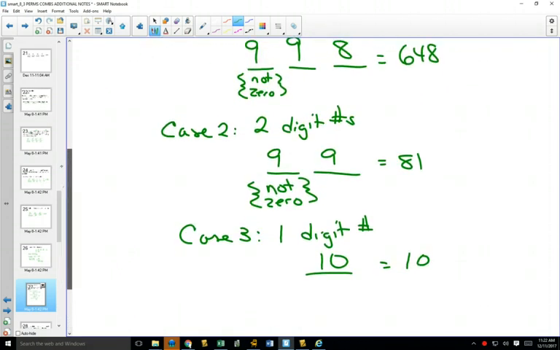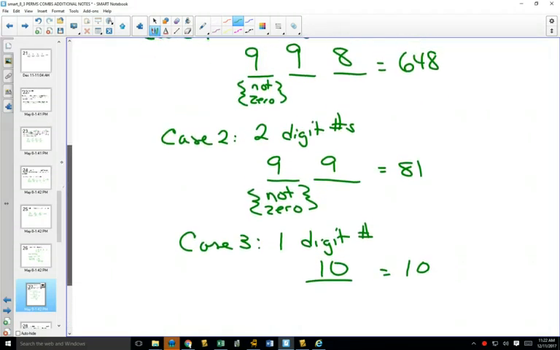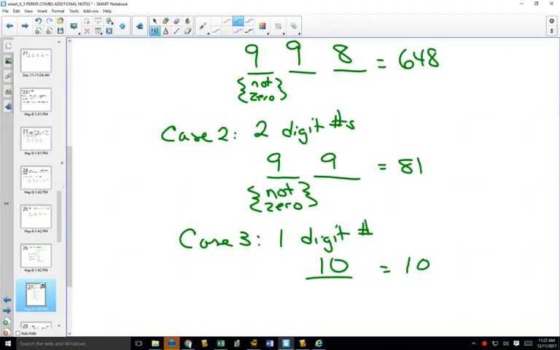Add up all of our choices. We get 648 plus 91, 739 total. So this cases question was really easy to see because we were counting different sizes of things because it said at most 3 digits.